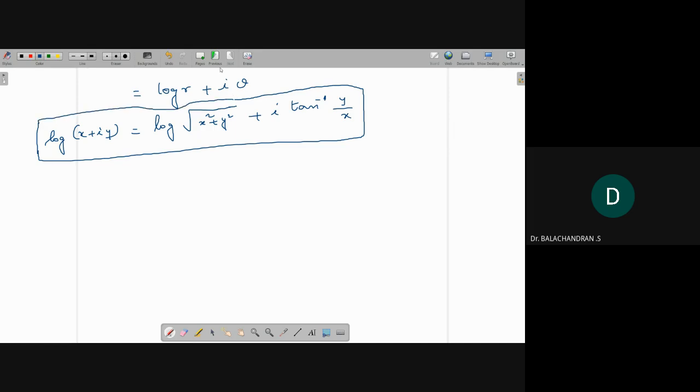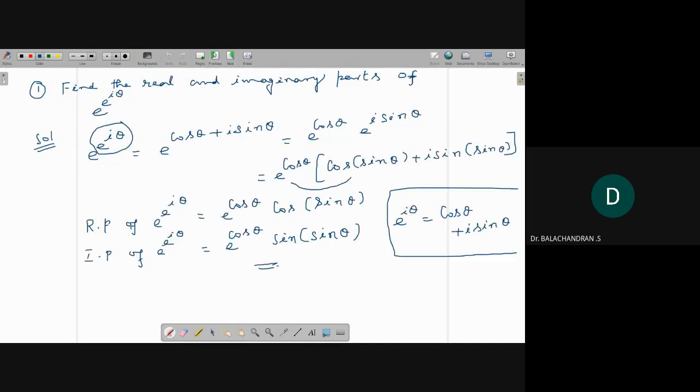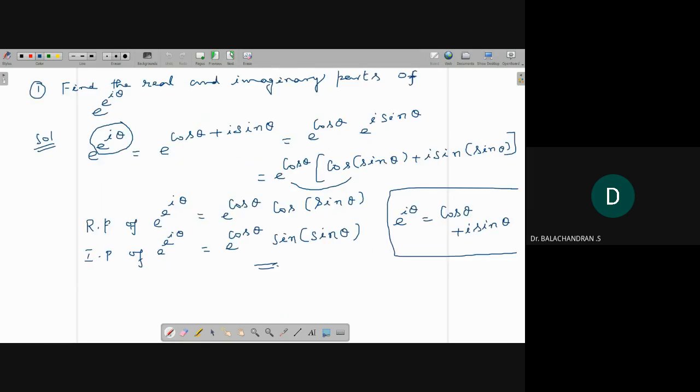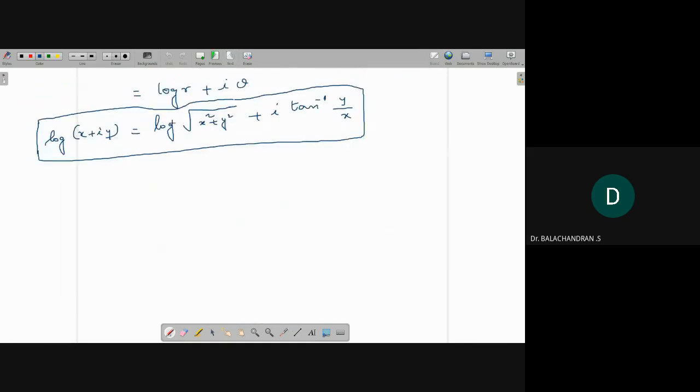You can see here, log of x plus iy equals, principal value, half log of x square plus y square plus i tan inverse of y by x.